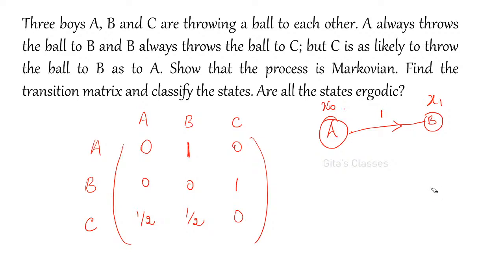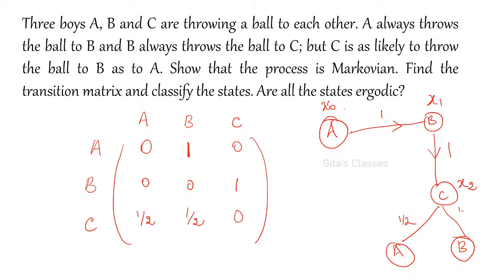If the ball is with B, then he always throws to C only. Therefore, again probability 1. This is state x2. What about x3? Now, C means there are two possibilities. C can throw the ball to A or B with 1 by 2, 1 by 2. So x2, then x3. Suppose he is throwing to A, then the probability here is 1 by 2.